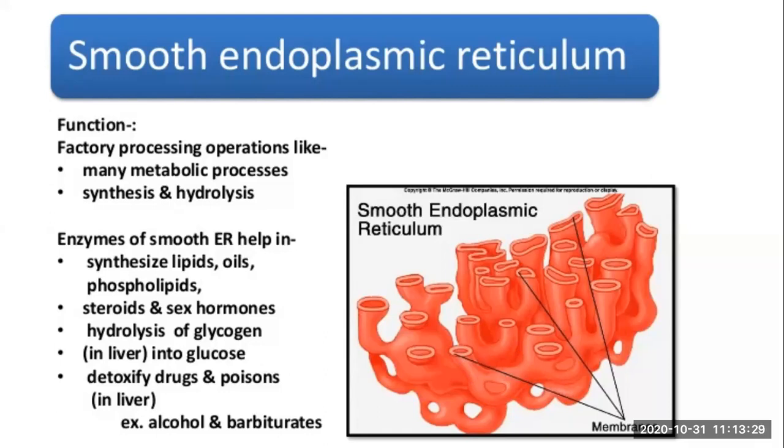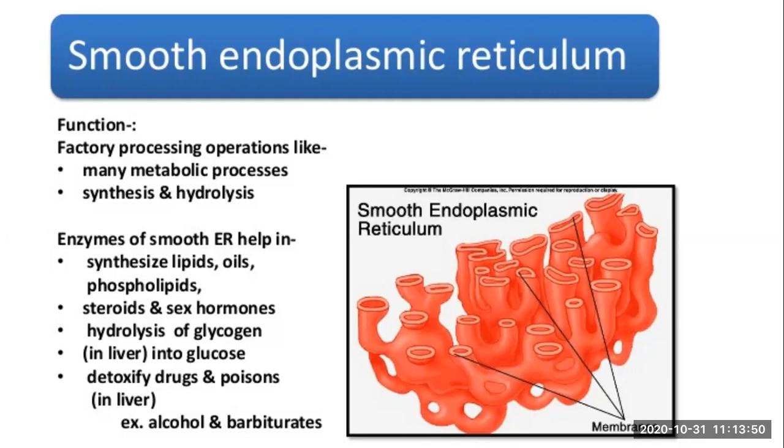Also there is hydrolysis of the glycogen into glucose in the liver cell. That depends upon the cells which are found in different parts of the body, so functioning depends upon the position of the cells also.